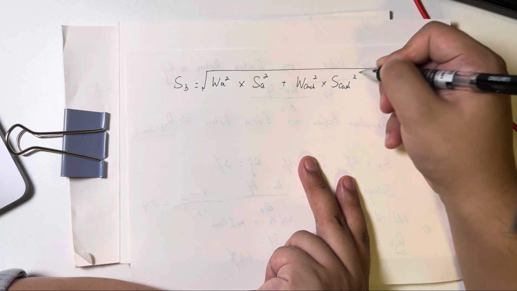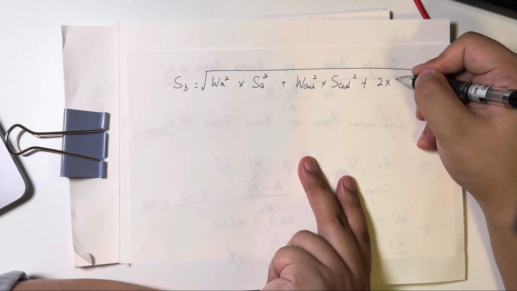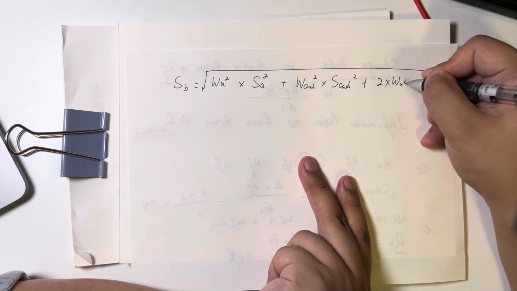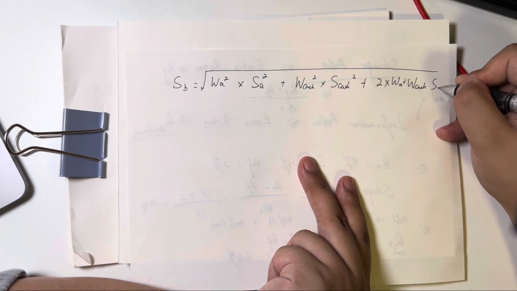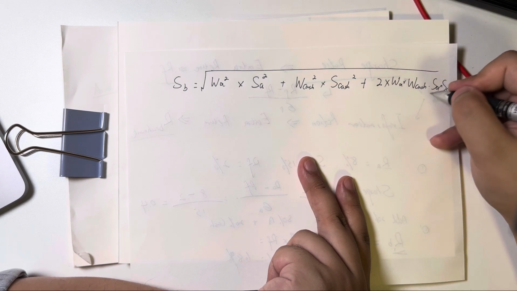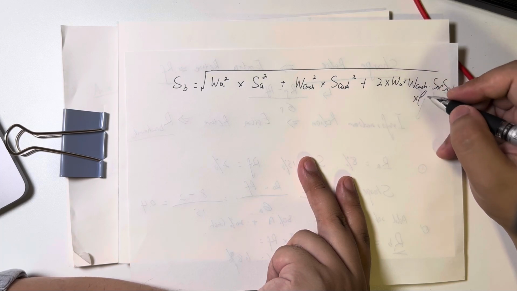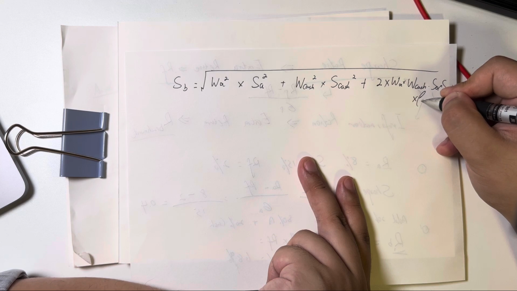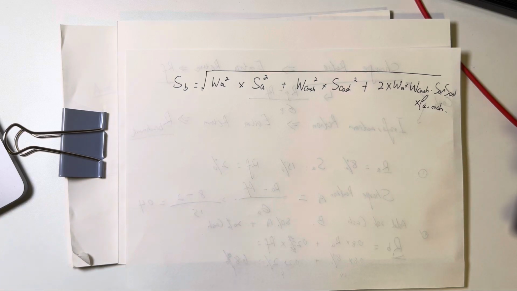We're gonna square that and plus 2, multiply that by the weight A and multiply that weight of the cash, okay? And multiply by the standard deviation of A, multiply the standard deviation of cash. But also remember, multiply that by the correlation between the asset A and asset cash. Okay, this is just some formula for calculating the standard deviation of portfolio with two assets.